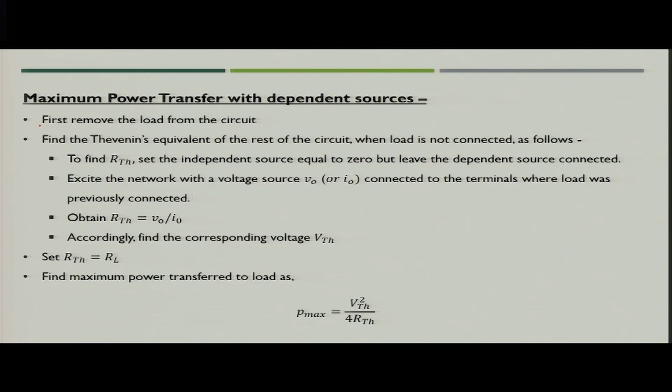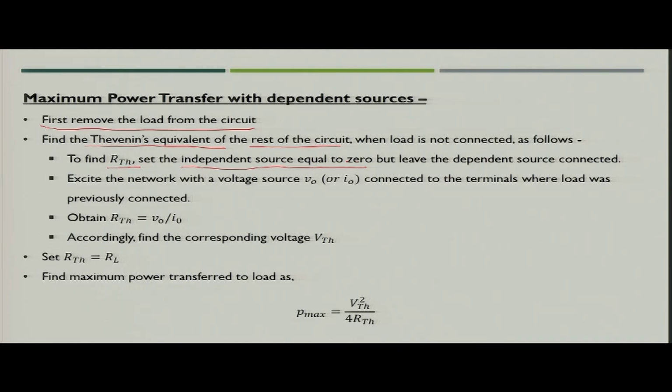First, remove the load from the circuit. Now, for the circuit that is left without the load, you have to find the Thevenin equivalent of the rest of the network. When you find the Thevenin equivalent, the first thing is to find RTH, where you set the independent sources equal to 0.